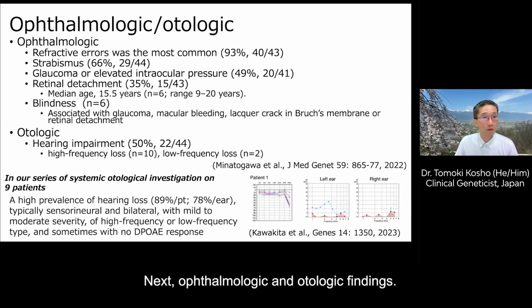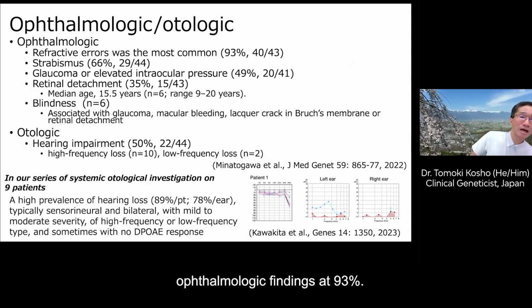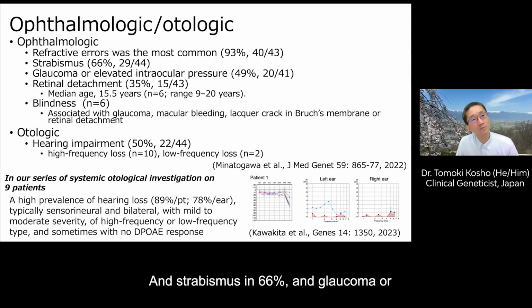And next, ophthalmologic and otologic findings. Refractive errors were the most common ophthalmologic finding, at 93%, and strabismus in 66%, and glaucoma or elevated intraocular pressure in about half.